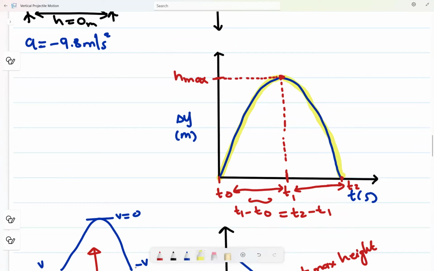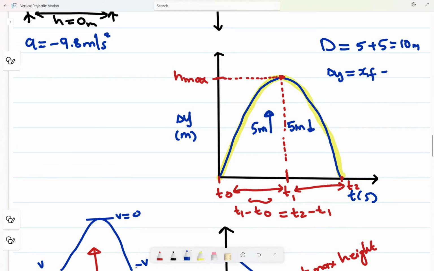It tells us that the displacement is 0, because you moved 5 meters upwards and then 5 meters downwards. So distance is 5 meters plus 5 meters, which is 10 meters. But displacement is x final minus x initial. What is x final? X final is 5 meters.